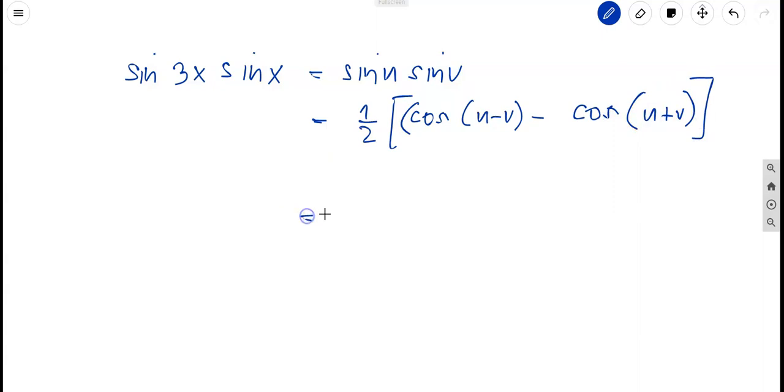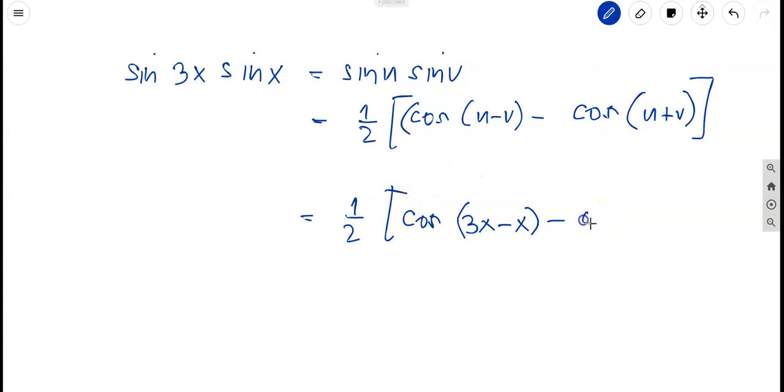So you will get 1/2 times cosine 3x minus x minus cosine 3x plus x. Therefore, you will have this as the result.